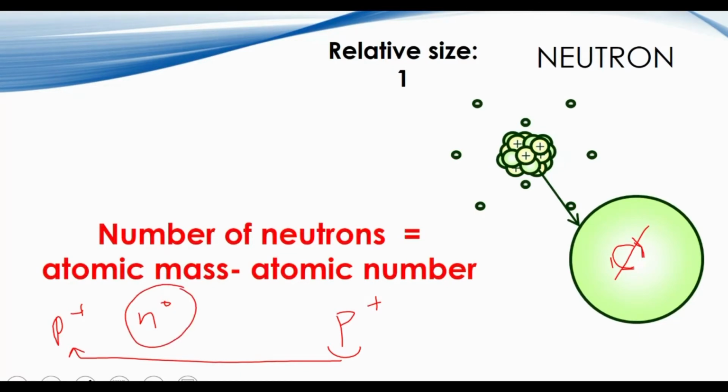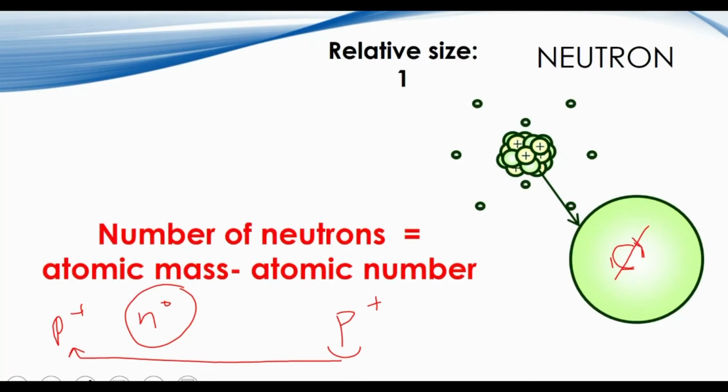Just the neutrons. And that's exactly what is happening here. So in other words, if we want to know how many neutrons are present in an atom, we would have to take the atomic mass found on the periodic table minus the atomic number of that same atom, and the result would be the number of neutrons.